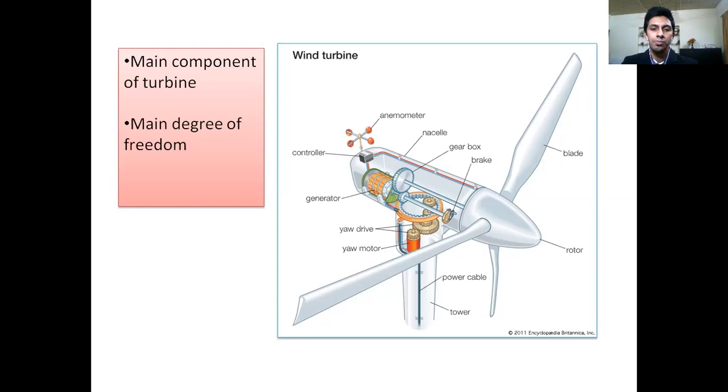The rotor is with blades and hub spinner, pitch bearing and system. And the final one is the nacelle. The nacelle drives the main bearing, gearbox, brake, and generator. And it also holds the power electronics consisting of converters and transformers.